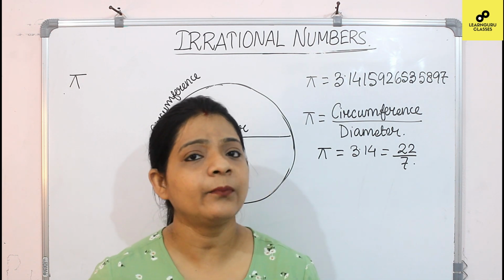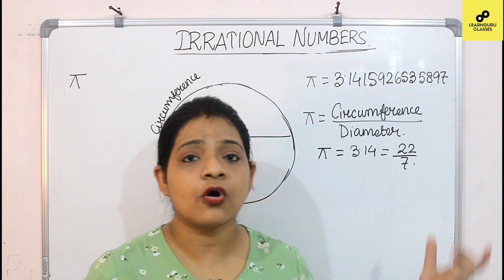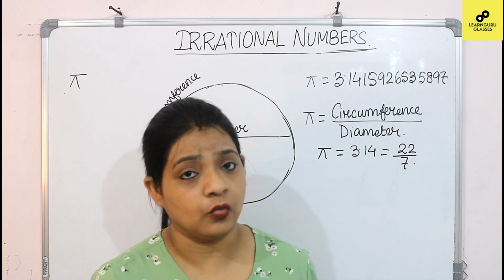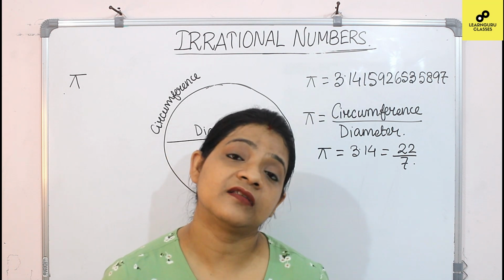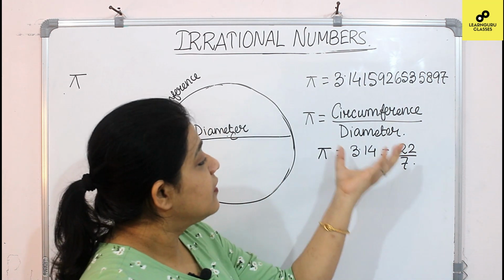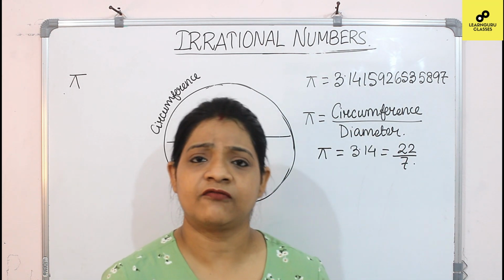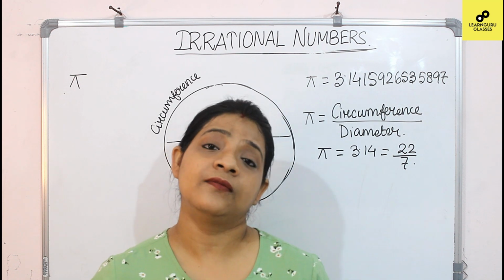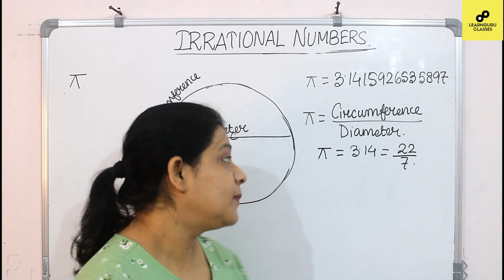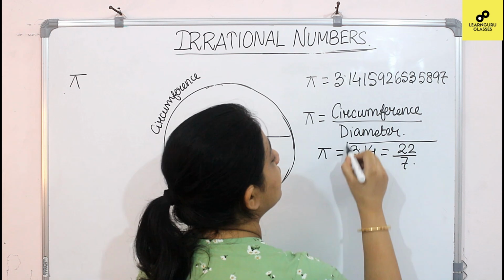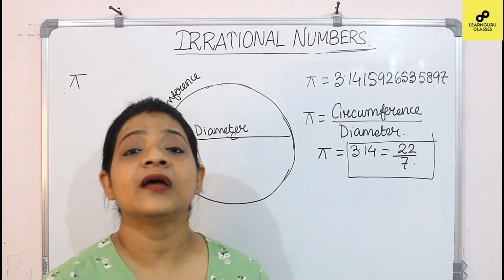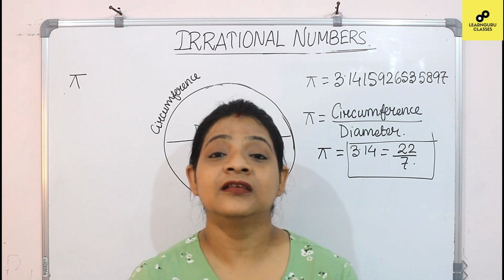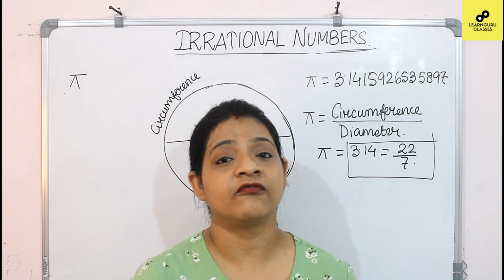A fraction is an example of a rational number because you can represent it in the form p/q. So why am I calling it an irrational number? It resembles all the characteristics of a rational number. But pi is basically an irrational number because the values 3.14 and 22/7 are just approximate values of pi. This is not the exact value of pi.